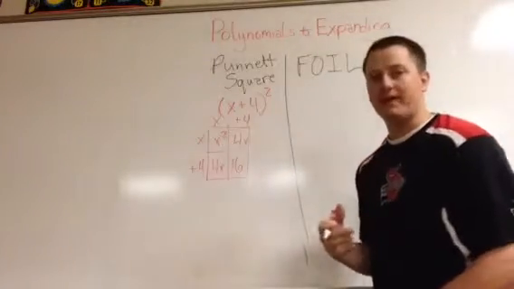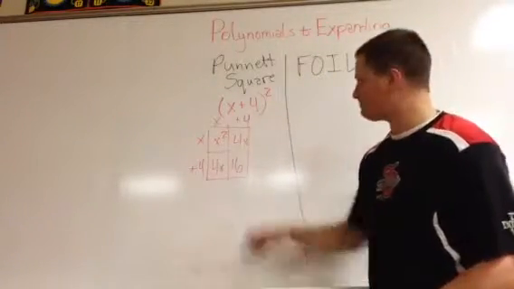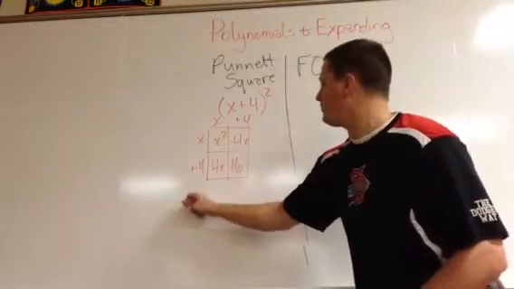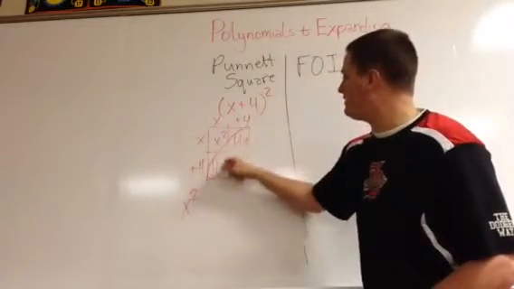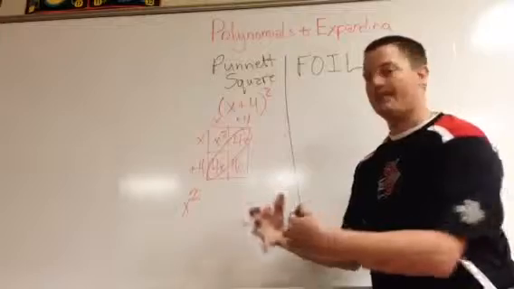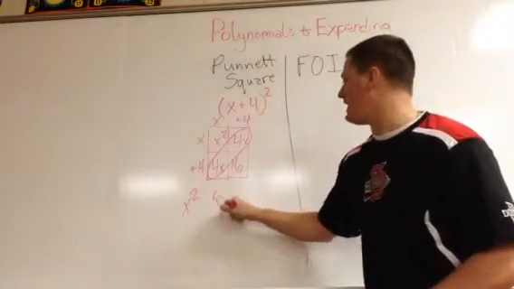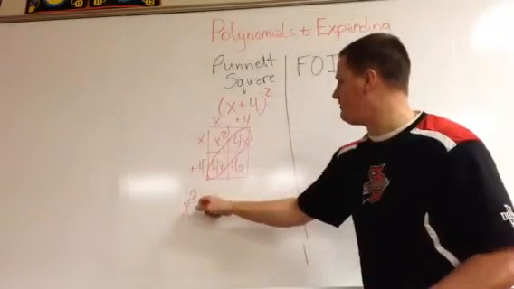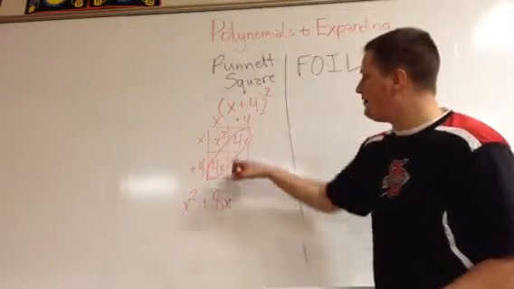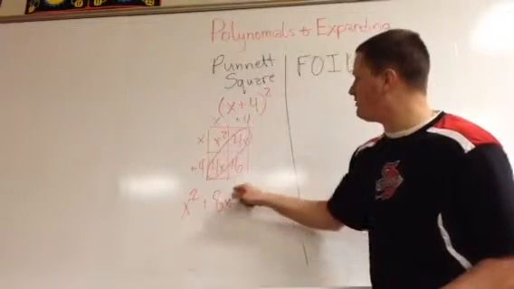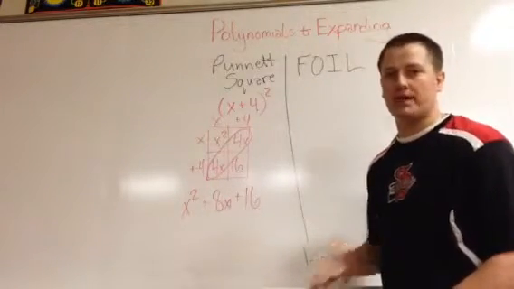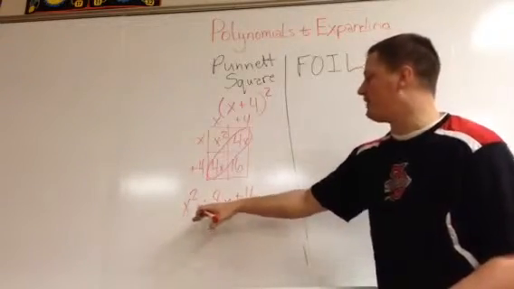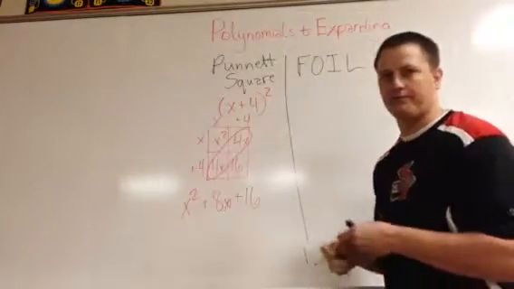We would then rewrite this as a polynomial. X squared, these 2 are considered like terms, so we add them together. They would give us 8x. Because it's positive, we put a plus sign in between. Then we have 16, which is also positive, so we put a plus sign. We get the polynomial x squared plus 8x plus 16.